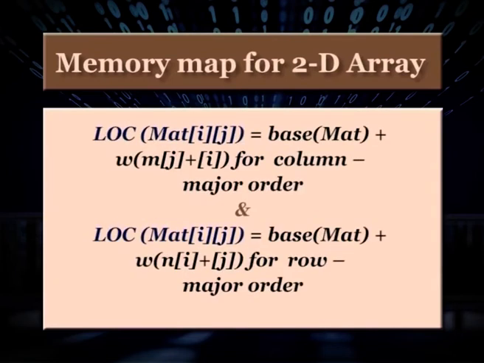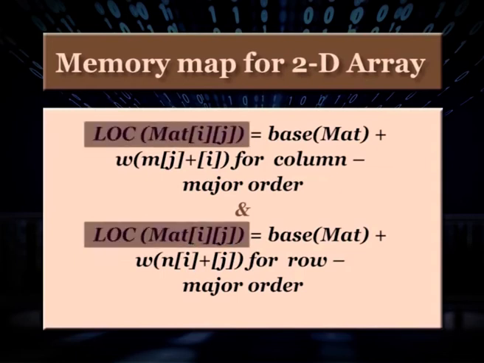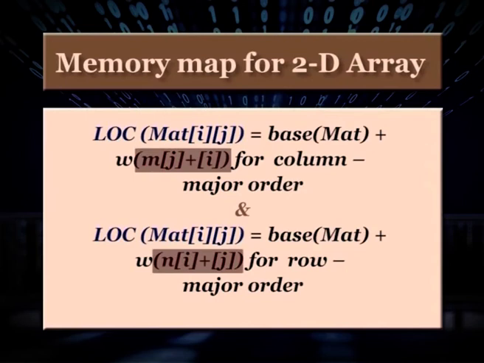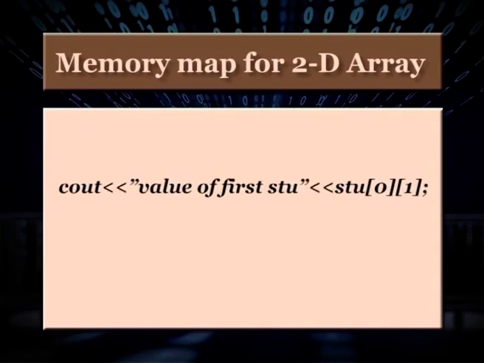In general, if the base address of the array is known, we can calculate the location of any m by n matrix element by the formula, where LOC is the location of the matrix element, base mat is the base address, that is the starting address of the matrix, and i and j are the subscripts. Thus, the value of stu[0][1] is 5.